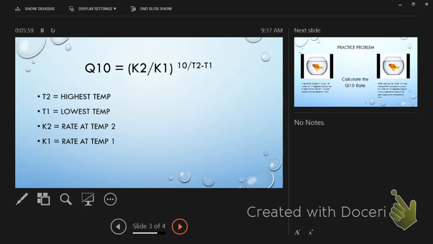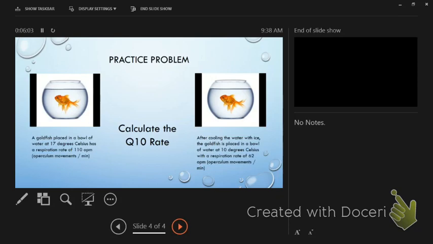Okay, so I'm going to give you a sample problem, okay? So here's our practice problem. We have a goldfish that's been put in a bowl of water. This water is 17 degrees Celsius, and it has a respiration rate of 110 OPMs. That's operculum movements per minute. That's the little openings on the side of their face.